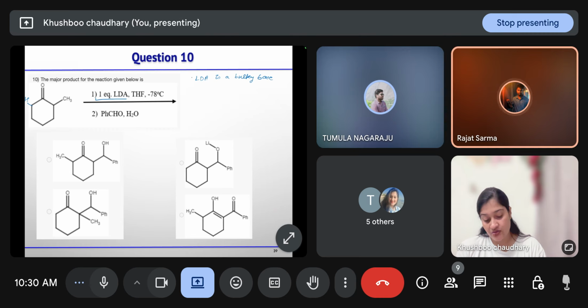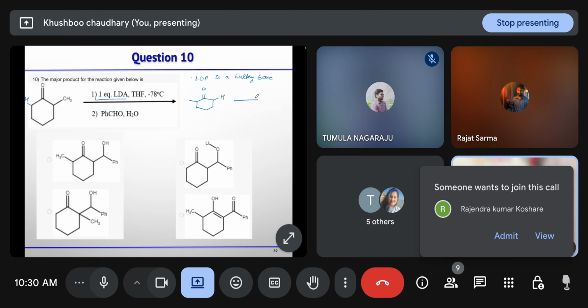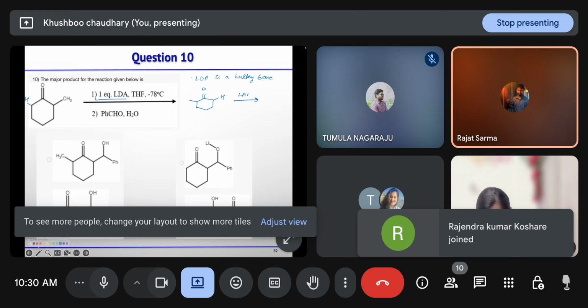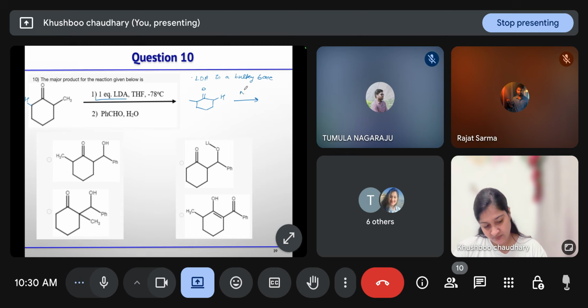So first it will coordinate with lithium, and then nitrogen will take this proton and the enolate will generate.